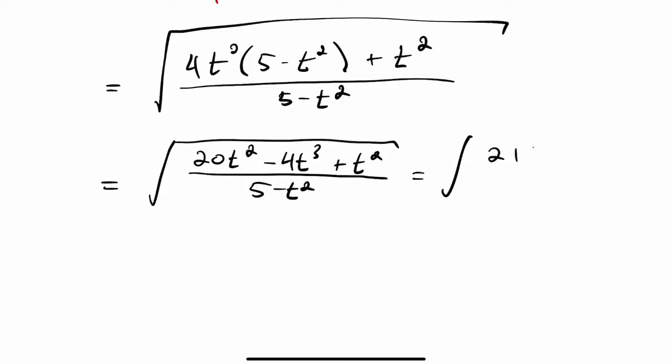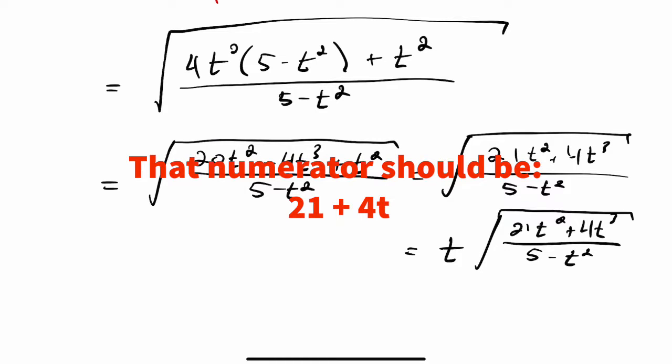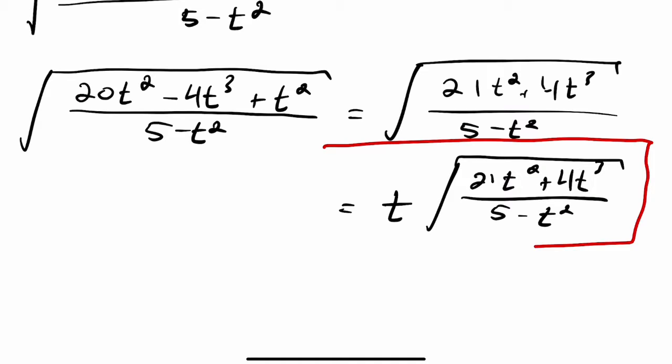Now we would have 21t squared minus 4t cubed, all over 5 minus t squared. Looks like all we could do is factor out a t squared from the numerator. You could take the square root of that t squared to pull it outside of the radical. So I'm going to call that my answer for the speed.